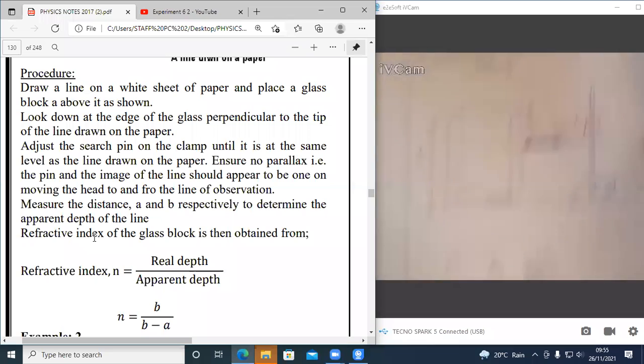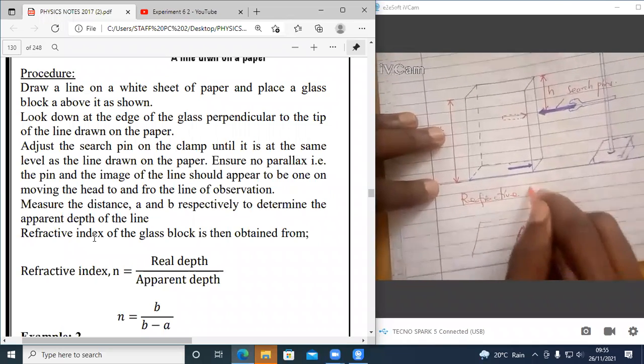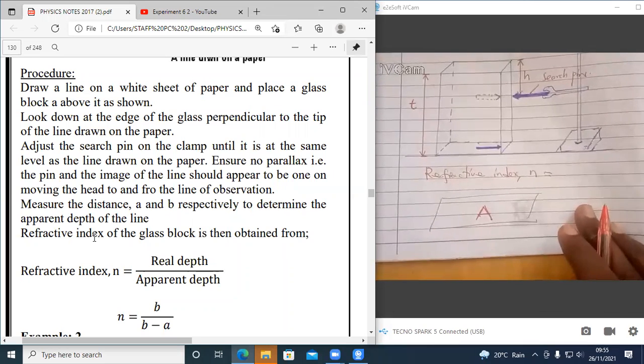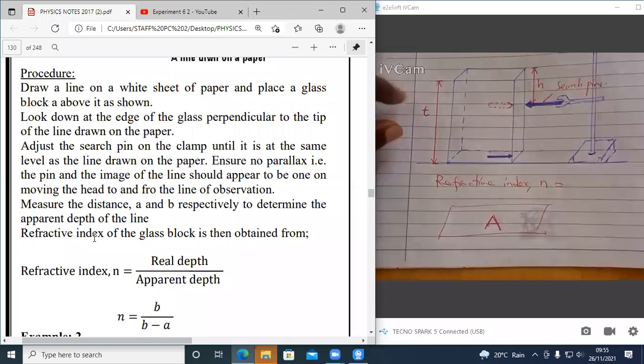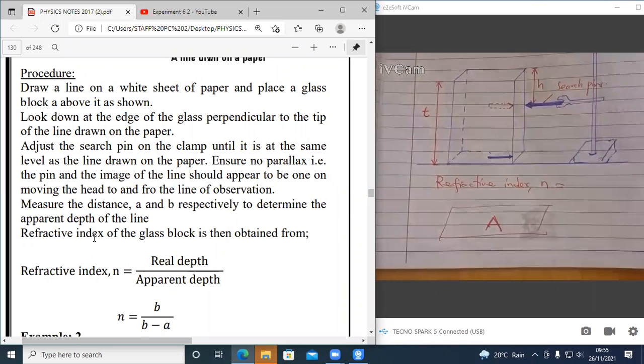As simple as that. So now we can say refractive index n equals real depth over apparent depth. In this case, what is our real depth and apparent depth, according to the diagram I've drawn? Grace? Yes, Lamuno, what is our apparent depth?